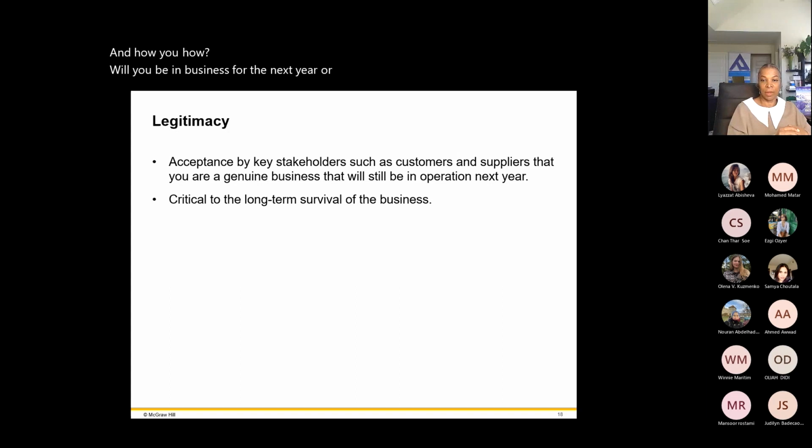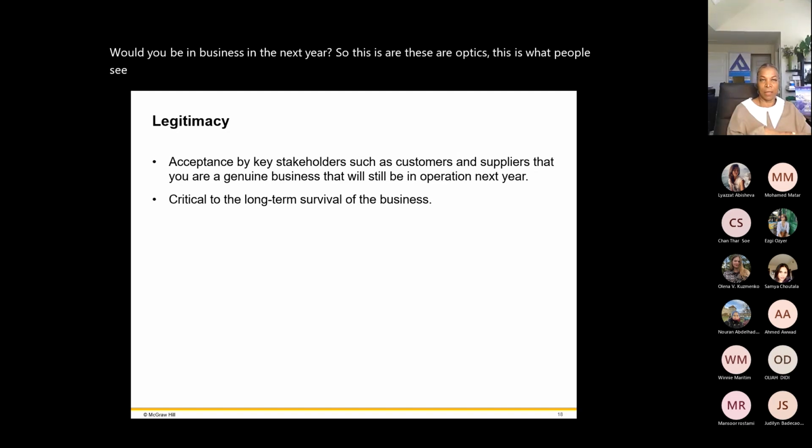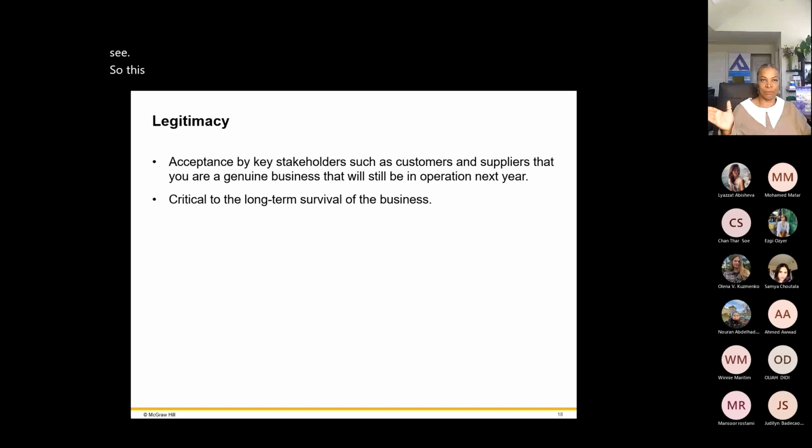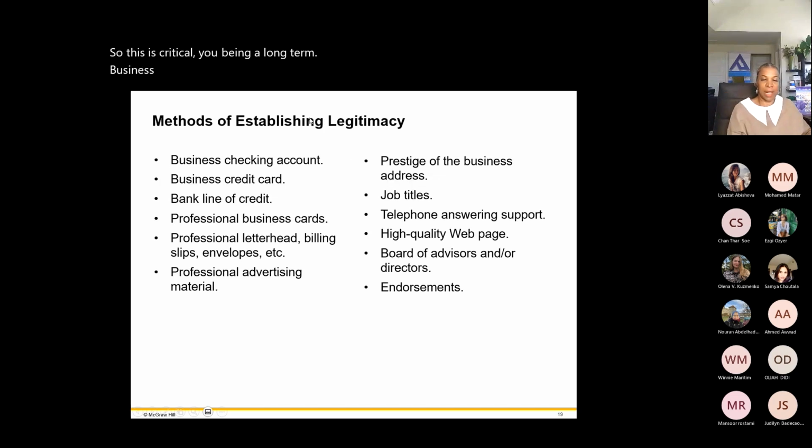So this is critical. These are optics. This is what people see. So this is critical to you being a long-term business. So let's talk about how you can establish your legitimacy.